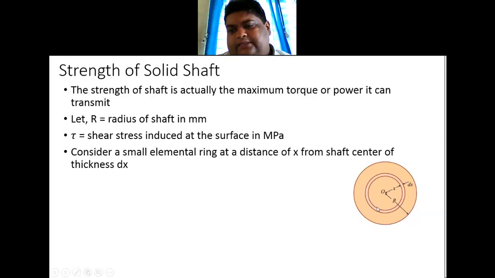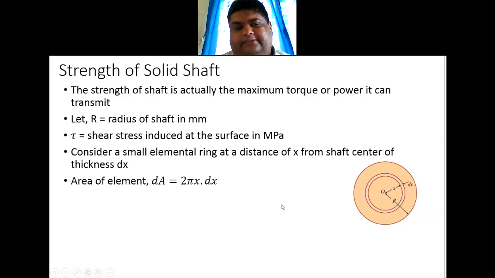Consider a small elemental ring in this circular shaft at a distance of x from the center, and the thickness of this element can be taken as dx.